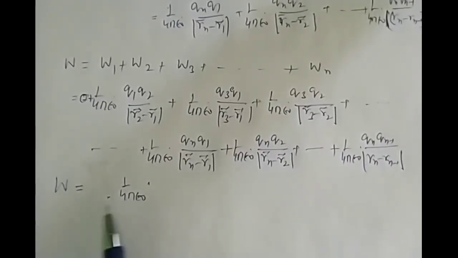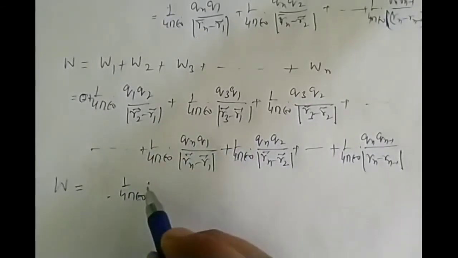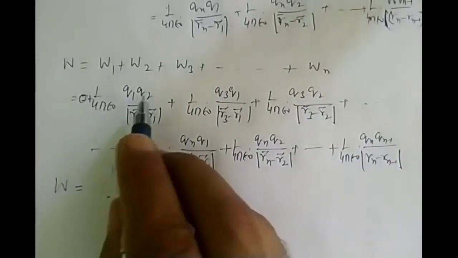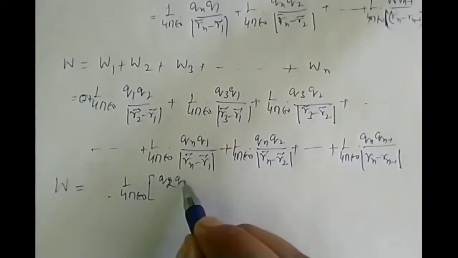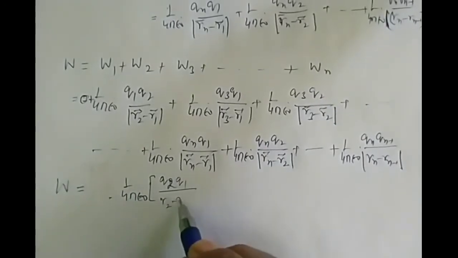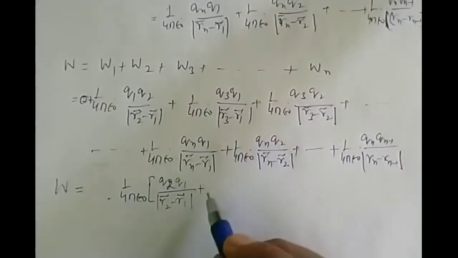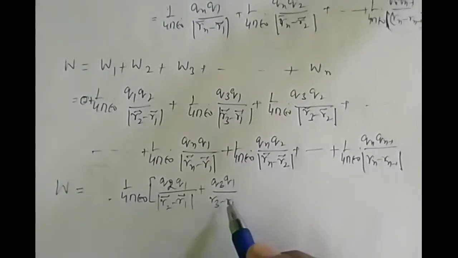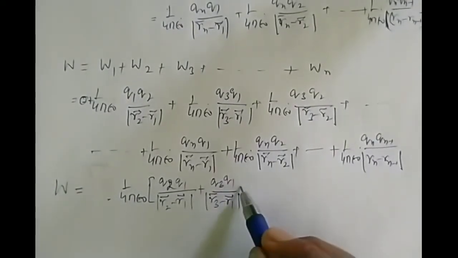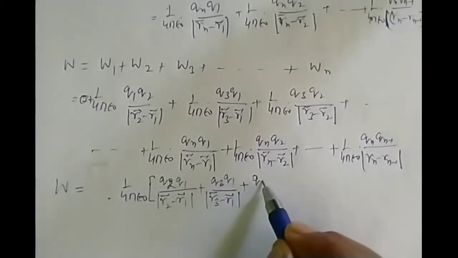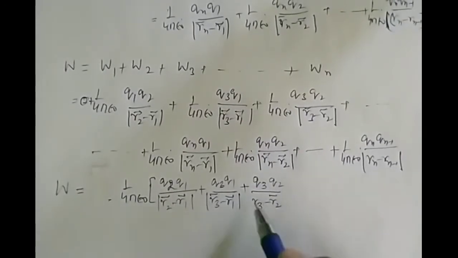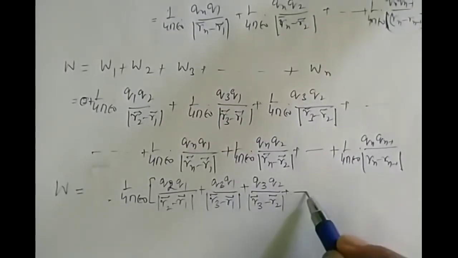The total amount of work done is equal to 1 upon 4 pi epsilon naught, which is common. So we are left with Q2 Q1 upon |R2 minus R1| plus Q3 Q1 upon |R3 minus R1| plus Q3 Q2 upon |R3 minus R2| plus so on.